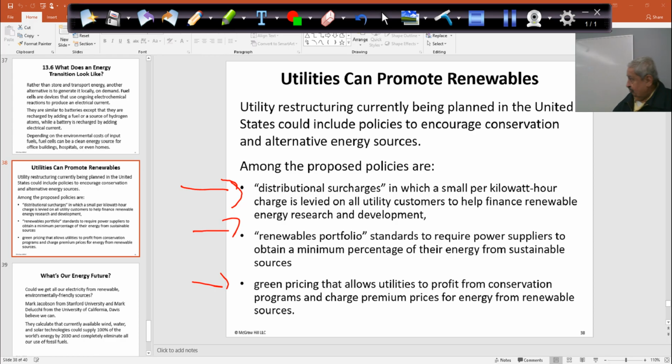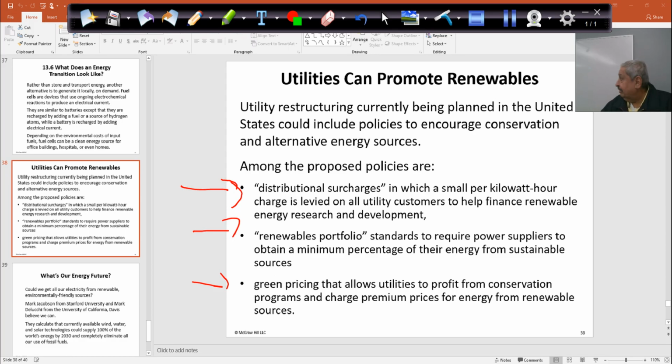More of those policies will come in the last chapter, which will go through this. And the distributional surcharges, in which a small per kilowatt-hour charge is levied on all utility consumers to help finance renewable energy research and development.